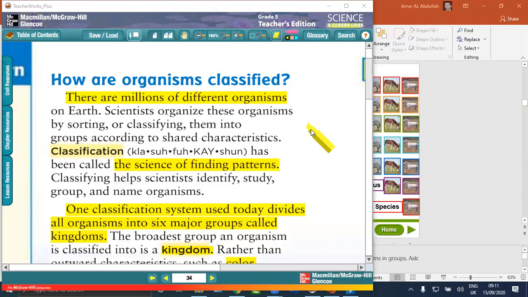Scientists organize these organisms by sorting or classifying them into groups according to certain characteristics. Stop now. Here, there are millions of different organisms on Earth.